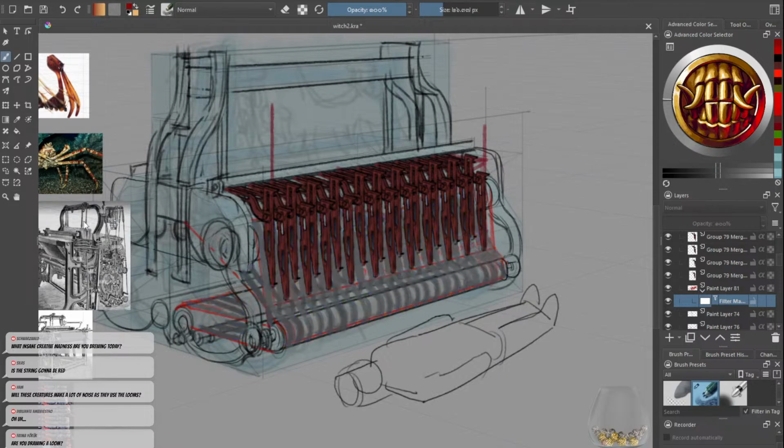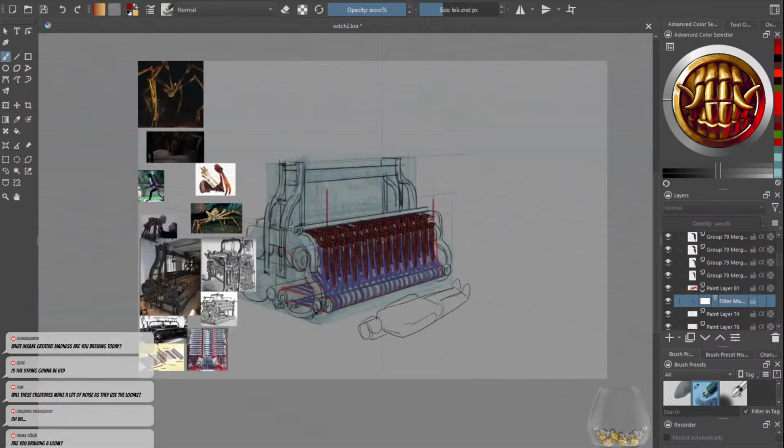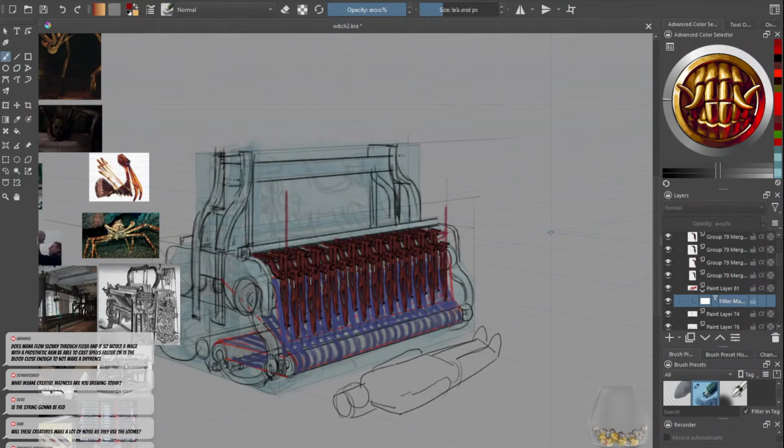Make it blue for now. Dull blue, there you go. But yes, the creature would make a lot of noise when it's weaving. It would basically sound like a giant typewriter.